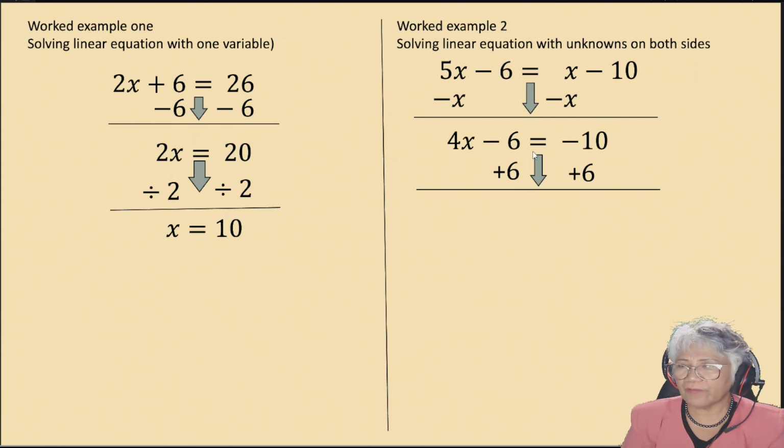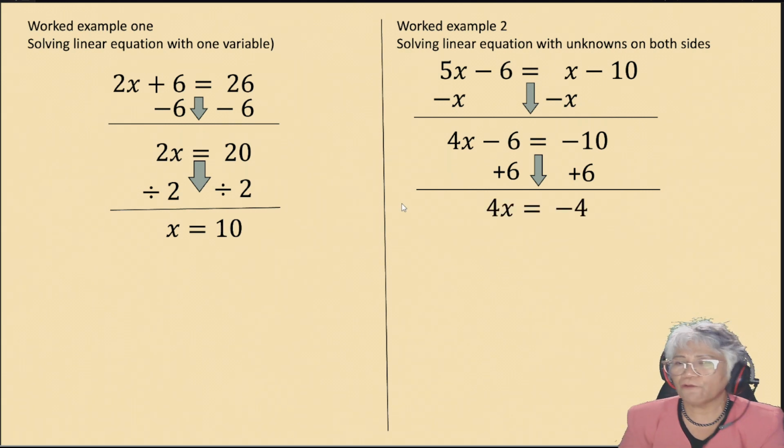This one will give you 0, so 4x will remain, and then negative 10 and positive 6, we need to subtract them because they are different signs. So we now have the resulting equation as 4x equals negative 4.